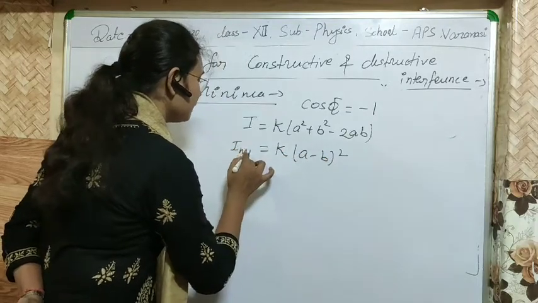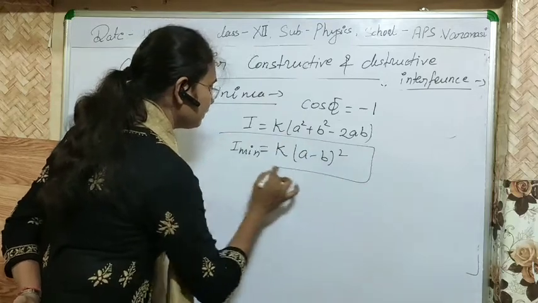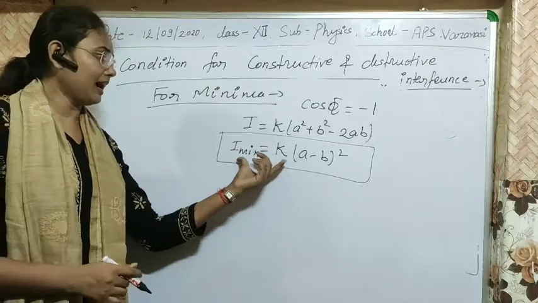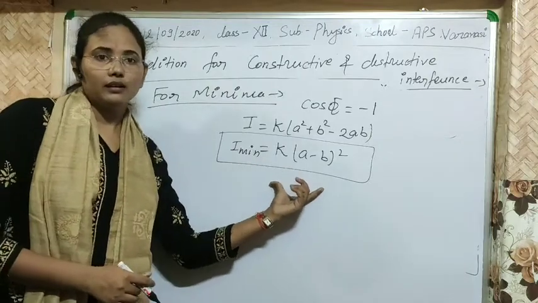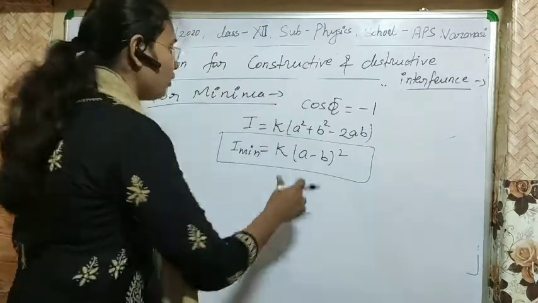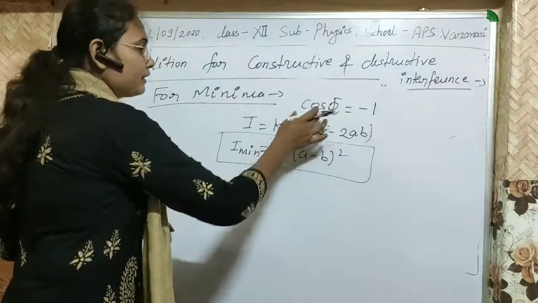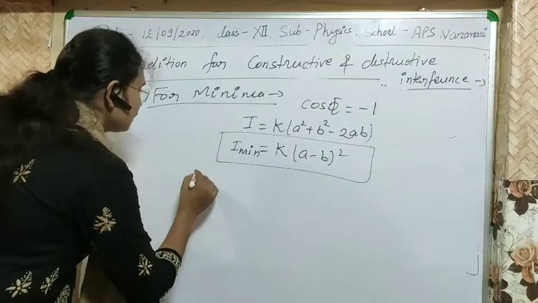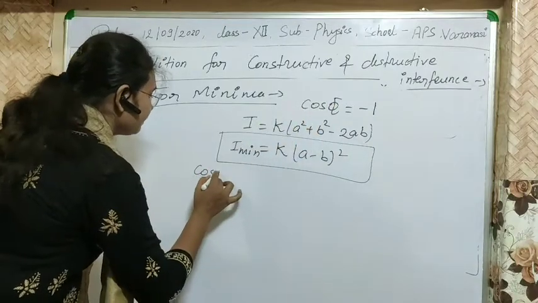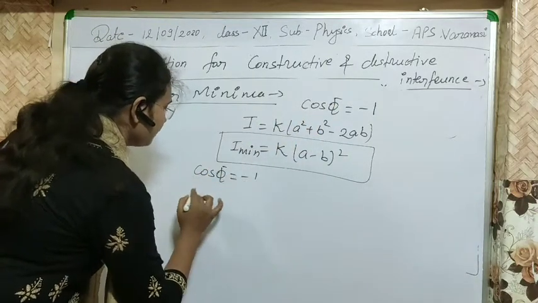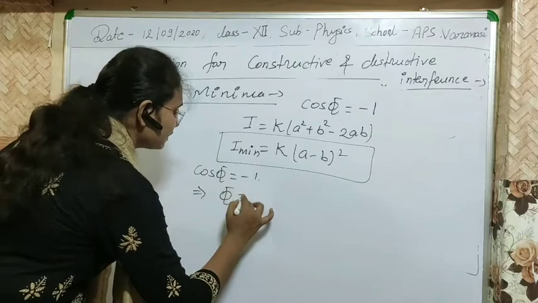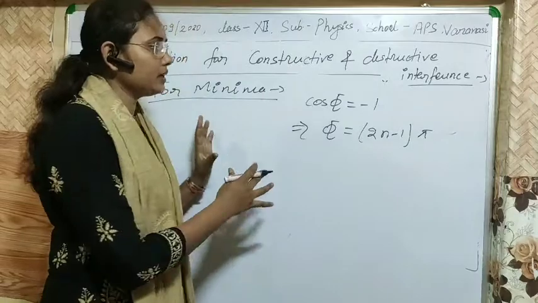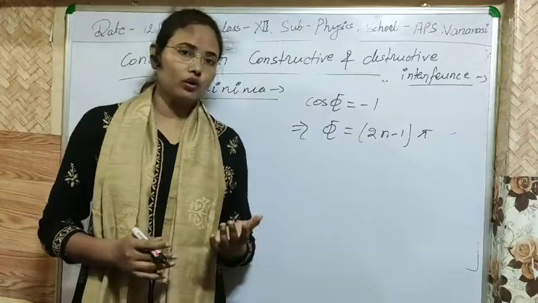This is minimum intensity obtained in double slit experiment. This is the intensity of dark fringe in the Young double slit experiment, and also we can write the condition for minima from here, since you know that cos phi equal to minus 1. So we were saying that the minimum intensity is k, a minus b whole square.